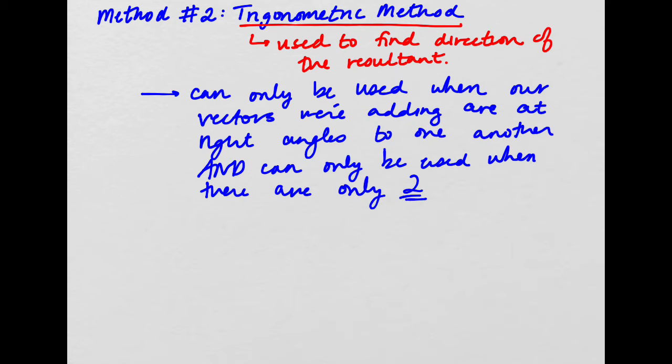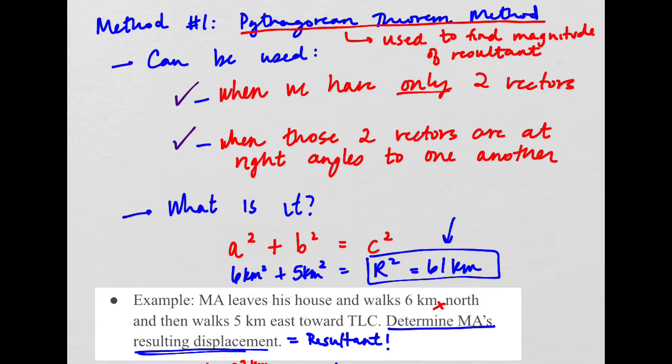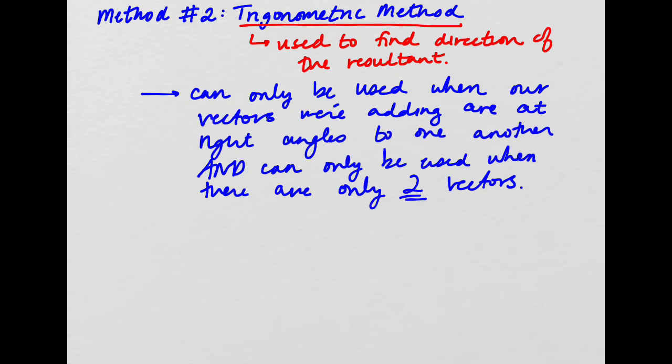2 vectors. So if we have 3 vectors, just like yesterday we can't use it. Remember yesterday I said we can only use the Pythagorean theorem method when we have only two vectors and when those two vectors are at right angles to one another. Well, the same rules apply to the trigonometric method. We can only use this when we have two vectors that are exactly right angles to one another.